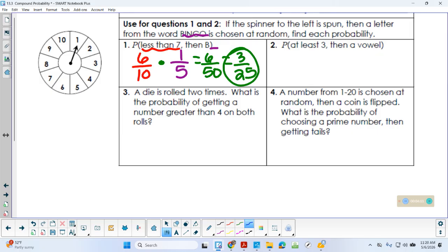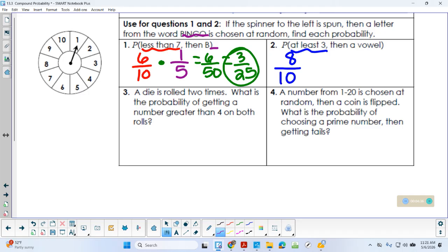Same thing. So 2 are still on the spinner. We know there's 10 numbers on the spinner. Now, at least 3. What does that really mean? Any number more than 3. Does that include 3? Yes. So 3 and above: 1, 2, 3, 4, 5, 6, 7, 8. There's 8 favorable outcomes.